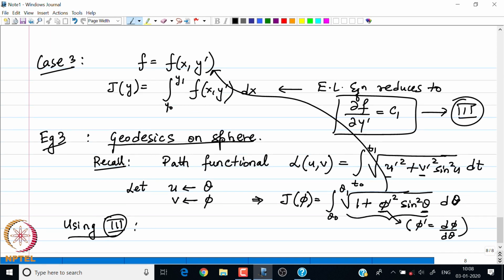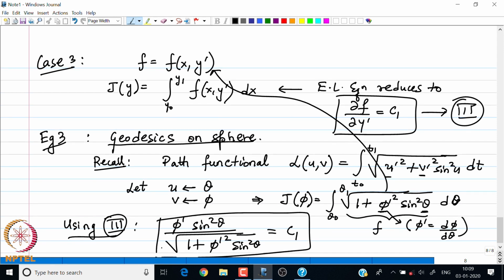So, this is my small f in 3, and I see that the expression reduces to phi prime sine square theta divided by the square root of 1 plus phi prime square sine square theta, right, and this is also equal to C1, which is the constant. Let me say that this equation is 1. So, the next set of steps will involve solving this equation 1.